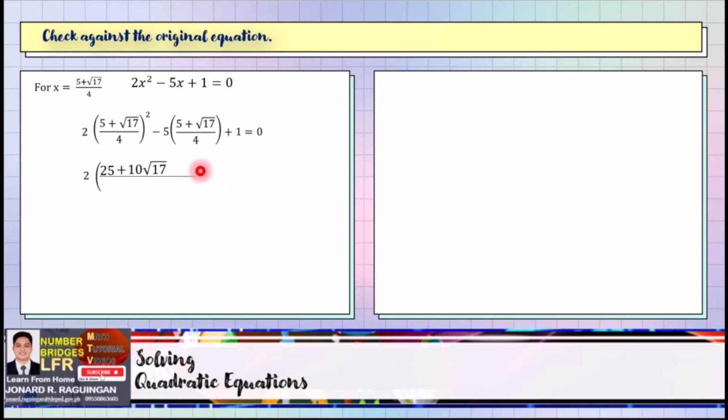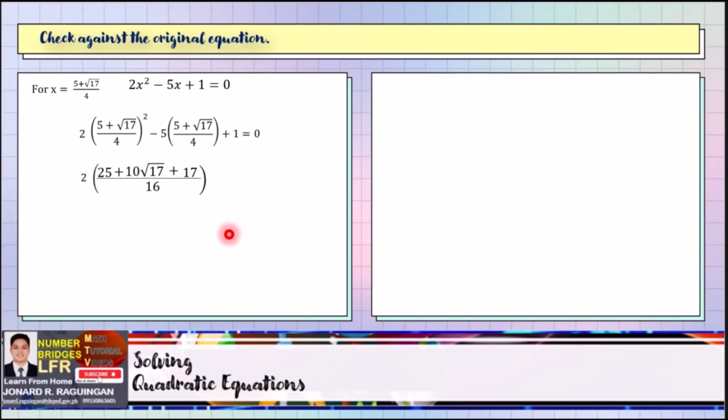To get the last term, square the second term of the binomial, which is the square of the square root of 17 is positive 17, all over the square of the denominator, which is 4 squared is 16.